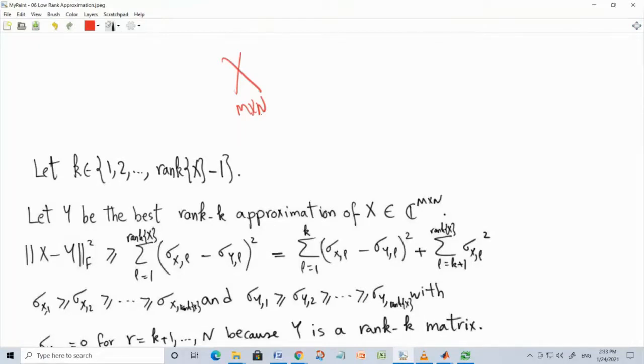Suppose that I want to find a matrix Y of the same size as X, so it's M by P. But I want the so-called low rank approximation.